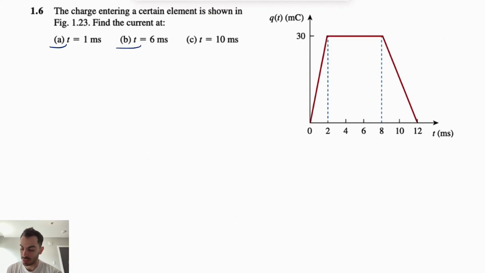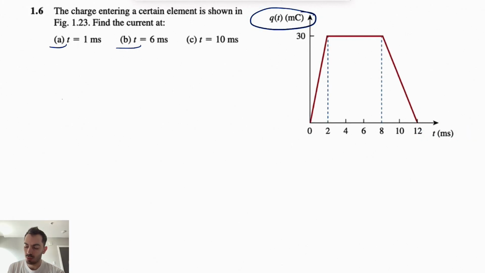So if we look at the graph that we have on the right hand side, we have the charge, which is in the unit of millicoulomb, and on our x-axis, we're going to be having the time in milliseconds.